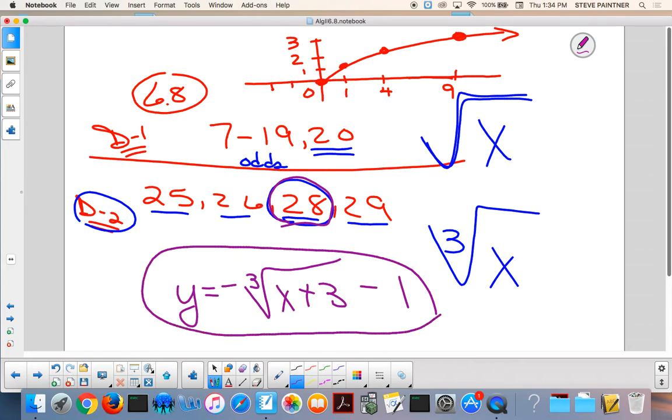This is number 28. Okay. And I'll give you some more graph paper. Guys, if you have extra graph paper, just tell me.